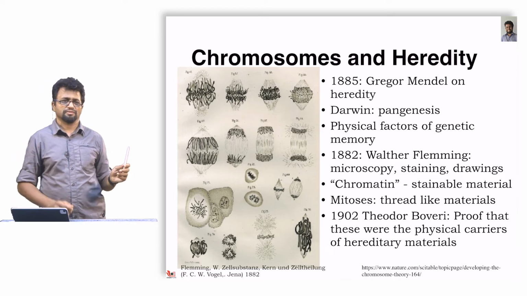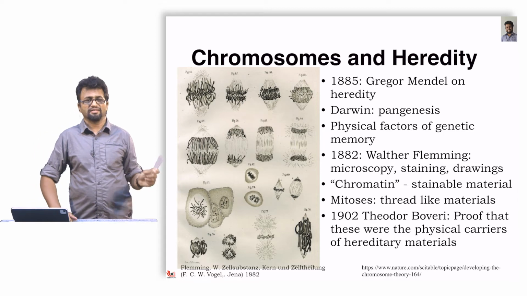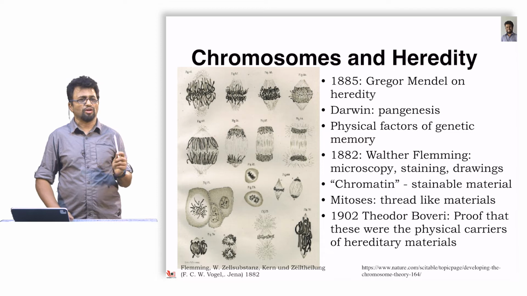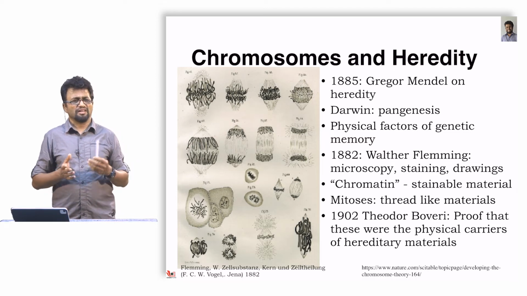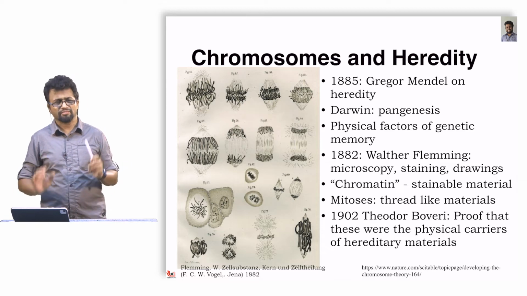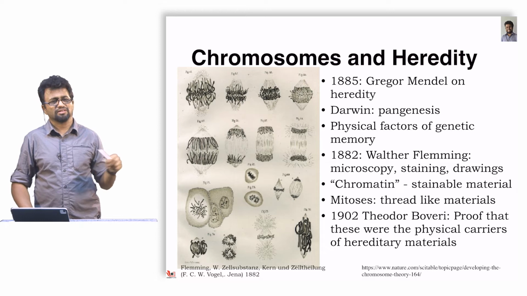So, Theodore Boveri, who then came in 1902, showed that these were also responsible for heredity, and he used a worm called Ascaris. This is related to some of the pathogenic worms, but suffice to say these were transparent, so he could see inside them, and with clever use of stains and careful genetics, he could demonstrate that they were the physical carriers.